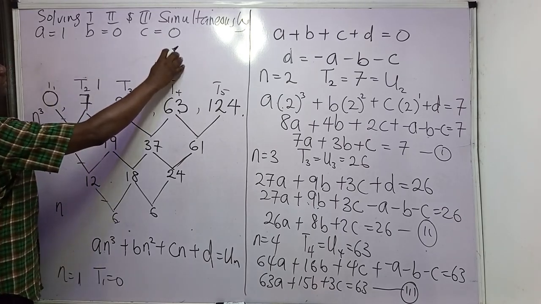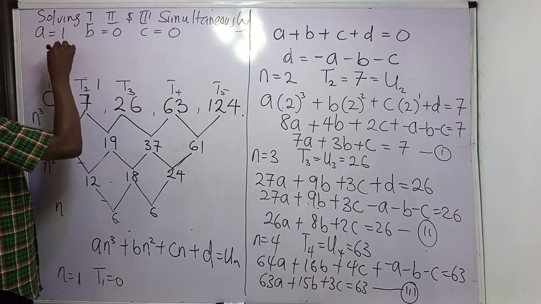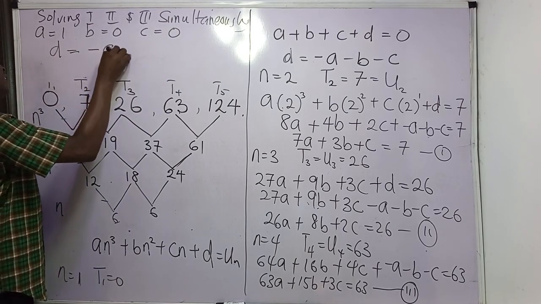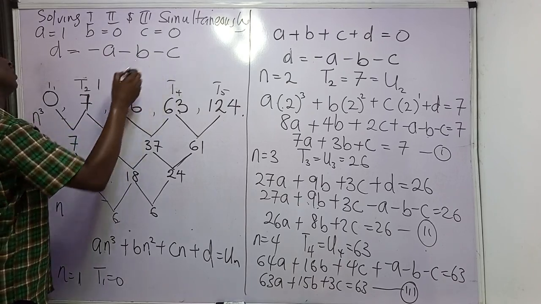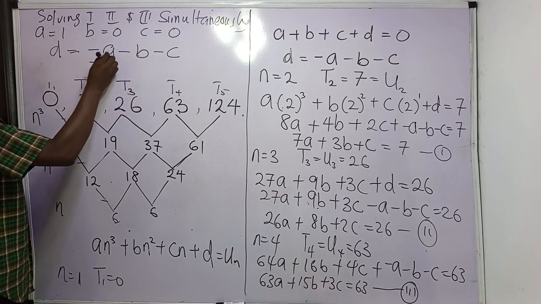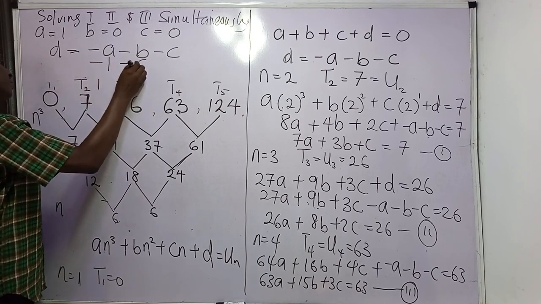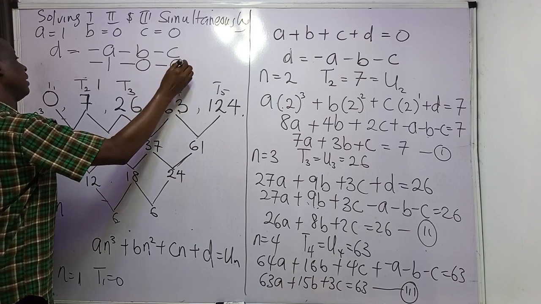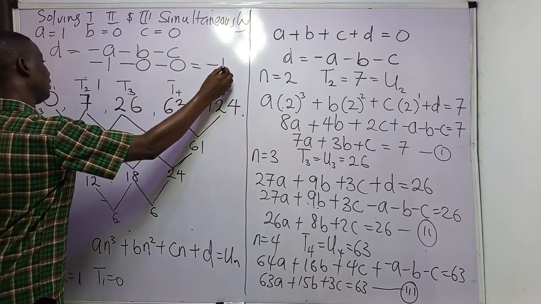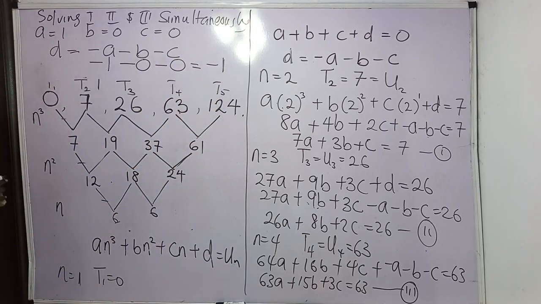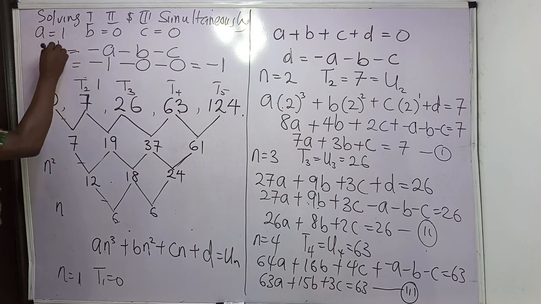When you solve the 3 of them, this is what we want to have finally. But you know that our d is equal to minus a minus b minus c. So what is our a? Minus a is minus 1, then 0, then 0. So what's our d now? Minus 1. So we have gotten our d to be equal to minus 1.